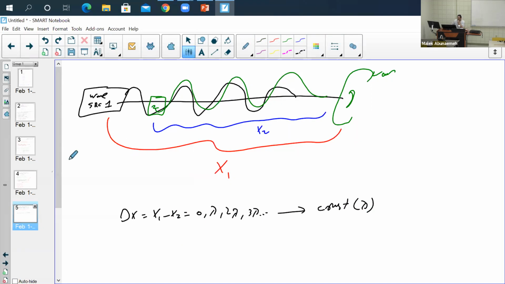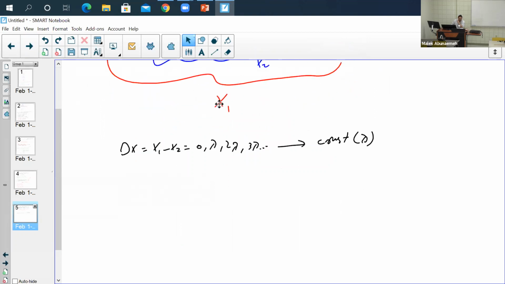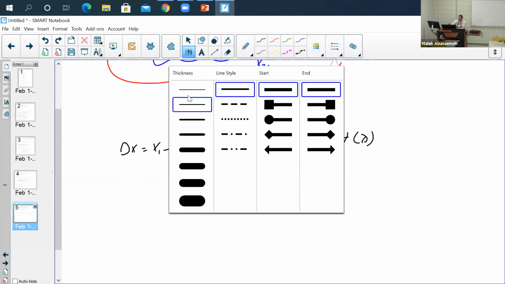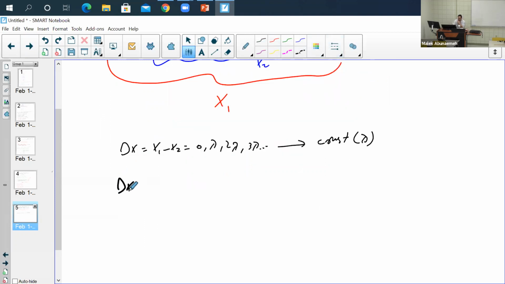And the same thing, if we take this and we move it, you're going to have a destructive. So your delta x, in this case, which is your x1 minus x2, is going to equal half a phase.